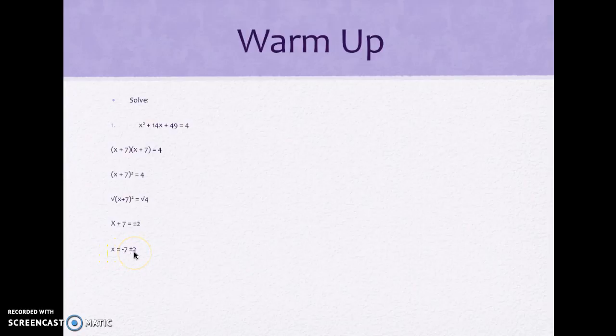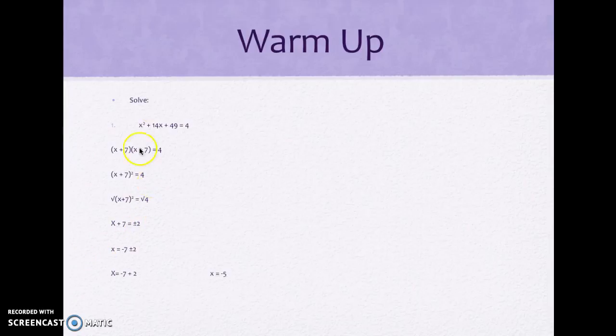In order to solve for x in this case, we have that plus or minus, so we have to do two separate equations where we take negative 7 plus 2 and negative 7 minus 2.